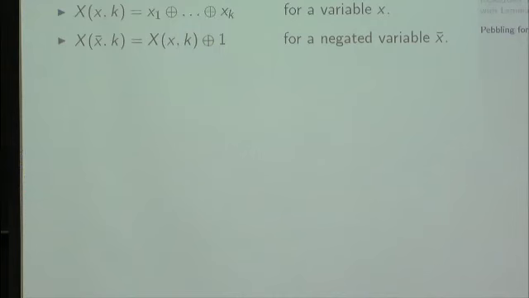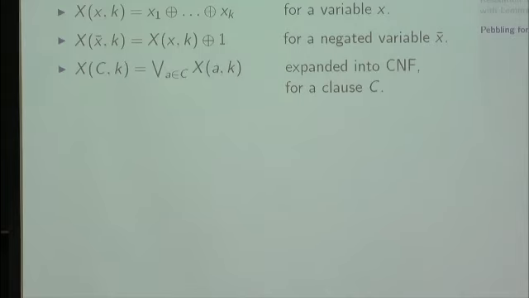The XORification of a negated variable is the negation of that. And then the XORification of a clause is the disjunction of the XORifications of the literals in it, expanded into CNF. And then the XORification of a formula is the conjunction of the XORifications of its clauses.